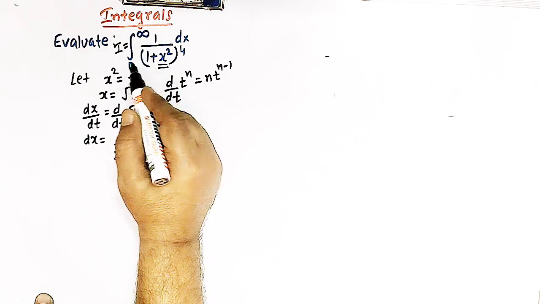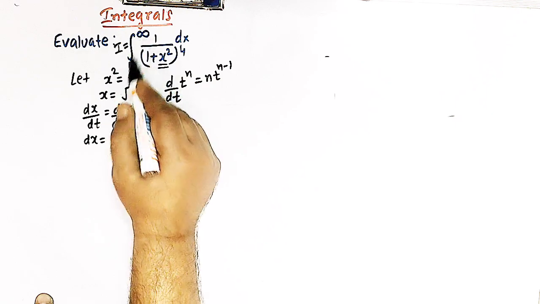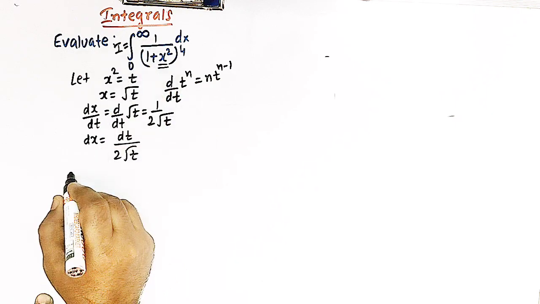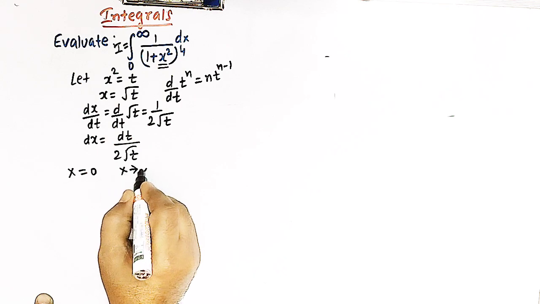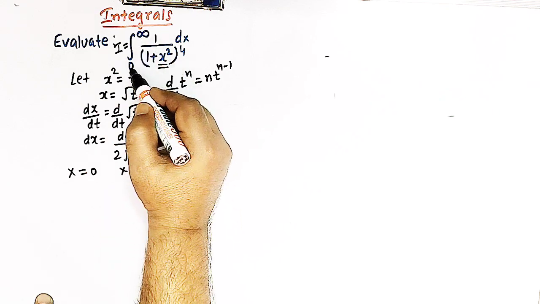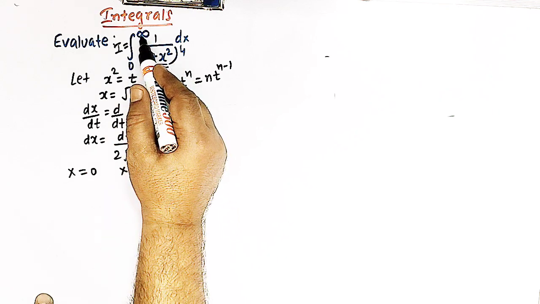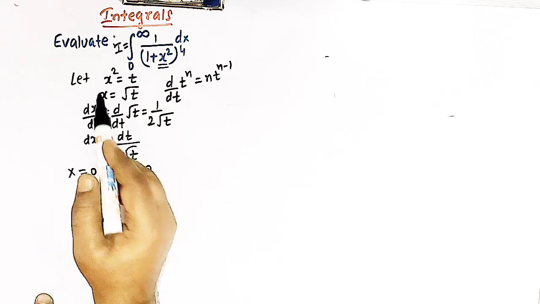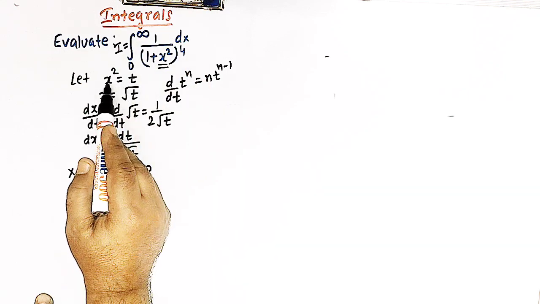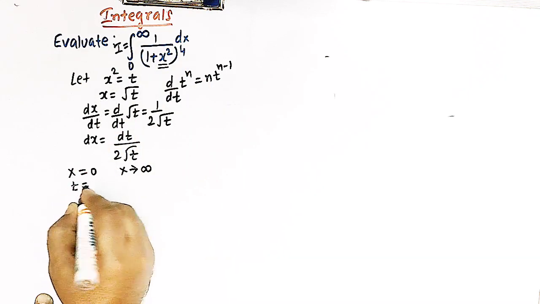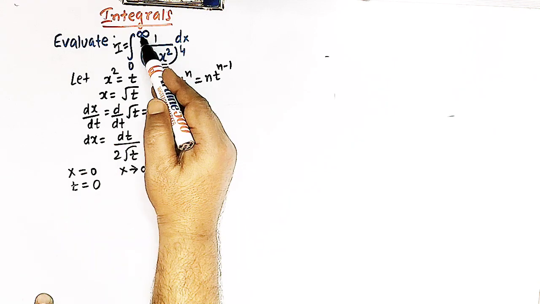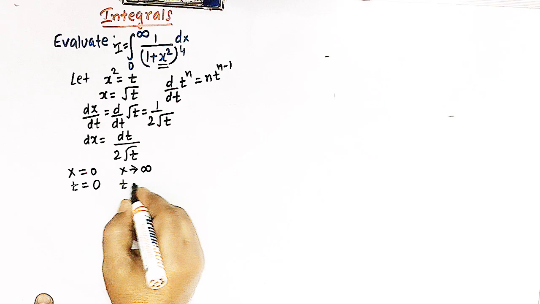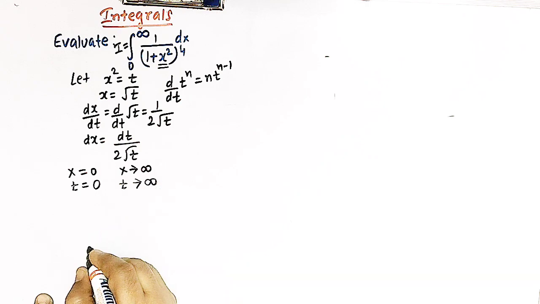So now let us change the limits accordingly. So here x varies from 0 to infinity, so the lower limit is 0, the upper limit is infinity. When x is 0, then the value of t is also equal to 0, and when x tends to infinity, then t also tends to infinity.